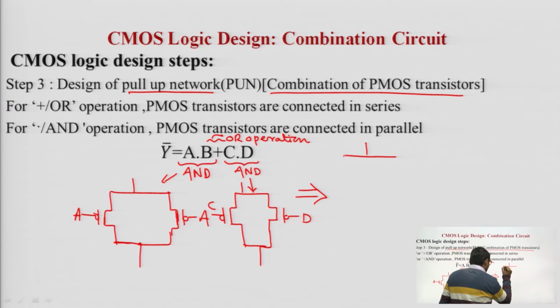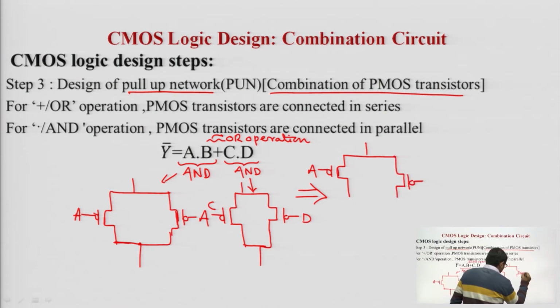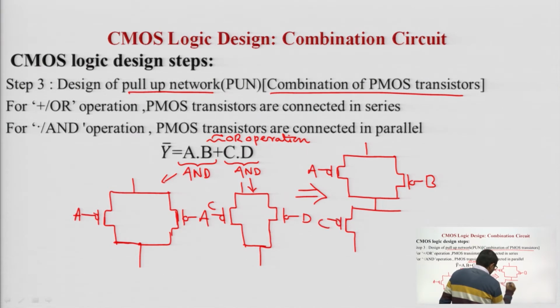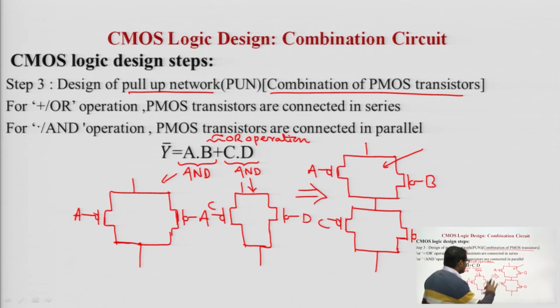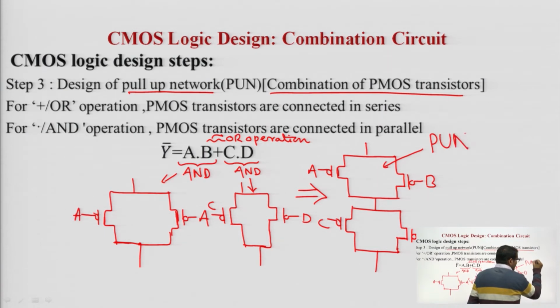If you go for the final connection, it looks like A, this is B, this is D. So this is the combination of an array of PMOS, and this array of PMOS is defined as the pull up network, PUN. This is step 3.